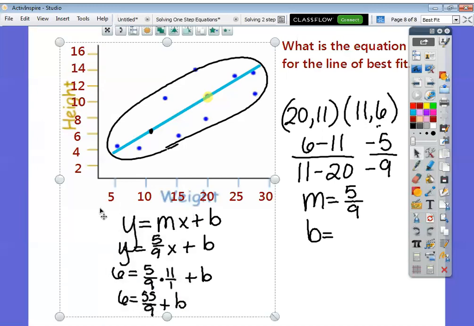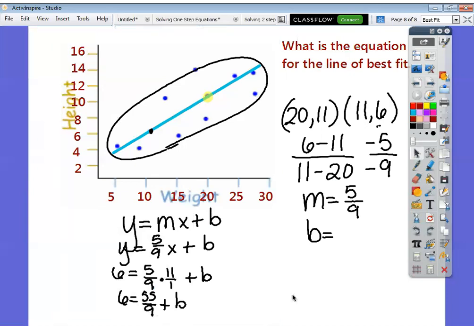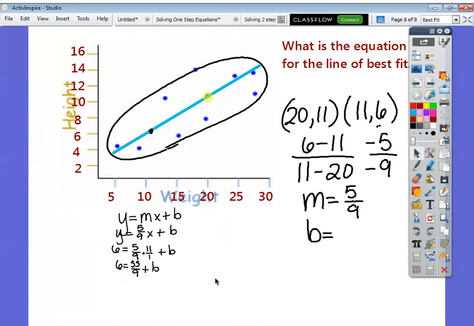I ran out of room, so just a second. Let me pull this up, pull this down, and shrink it. Now we're going to subtract 55/9 from both sides.